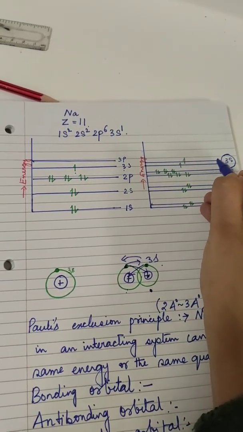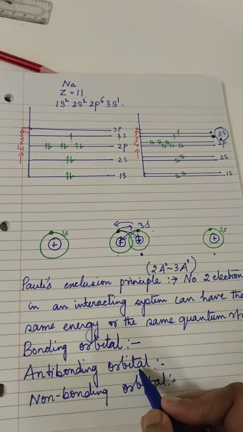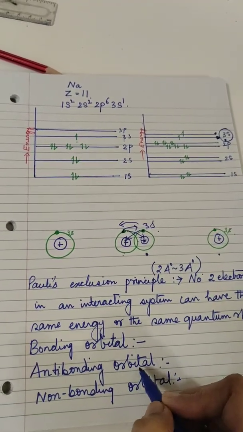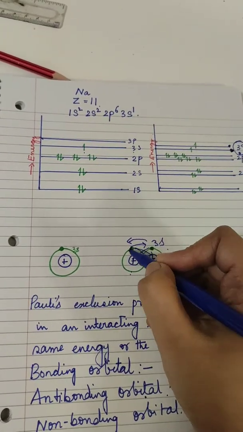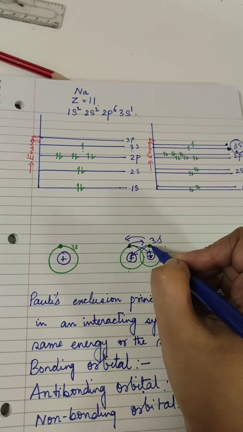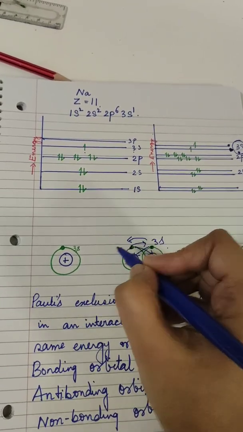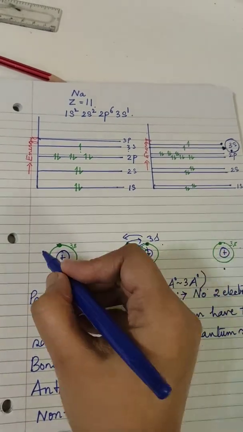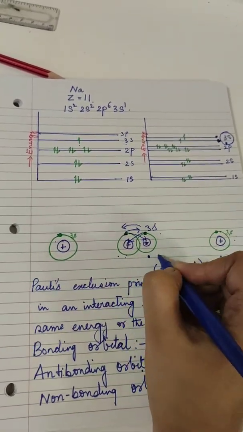Now the upper energy level molecular orbital is called the anti-bonding orbital. Anti-bonding orbital means the orbital has higher energy than the constituent atomic orbitals forming it. These atomic orbitals are forming the molecular orbital, right? These two atoms have come closer together.